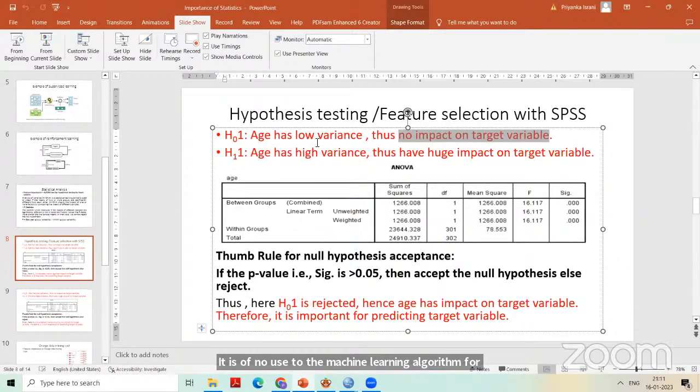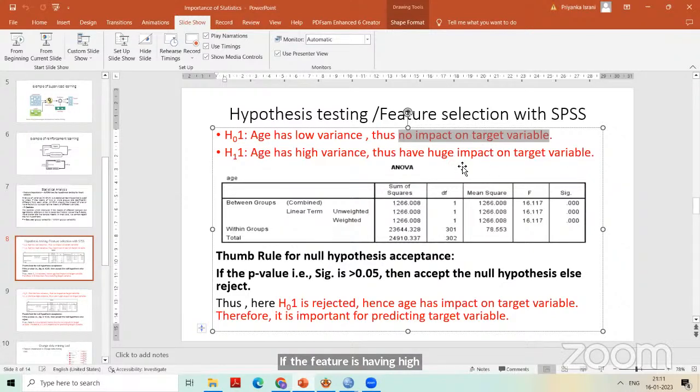See, if your feature has low variance, meaning there is less variation in the values of age, then such a feature is not important to the machine learning algorithm. While if the feature has high variance, it has a huge impact on the target variable.